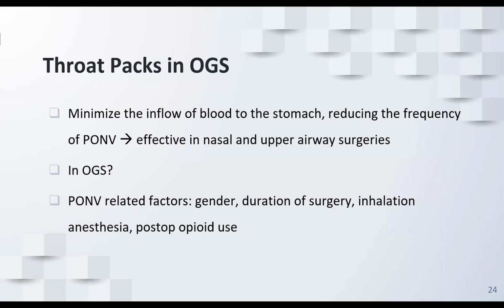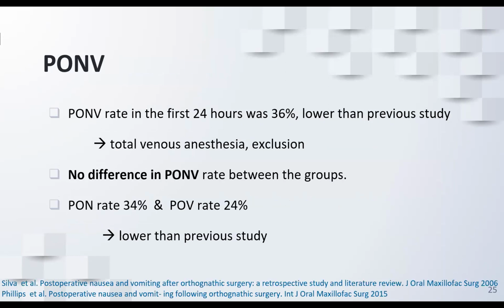Other factors are related to PONV too in OGS, such as gender, duration of surgery, inhalation anesthesia, and post-op opioid use. And the PONV rate in the first 24 hours was 36%, which was lower than in previous studies, which was found maybe related to the use of total intravenous anesthesia.